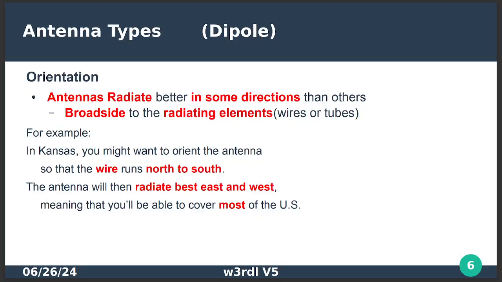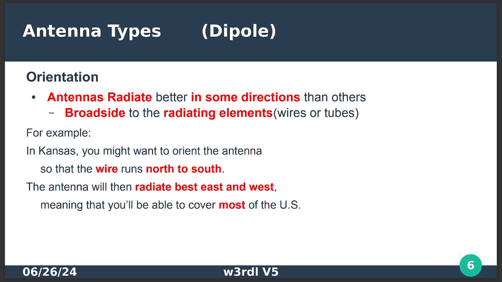Antenna types, dipole, orientation. Antennas radiate better in some directions than others. And I think I mentioned this about my 40 meter end fed at one time. I have power lines running behind my house, and somewhere along the line, somebody told me if you have suspended power lines close, run the antenna perpendicular, and you'll get less interference.